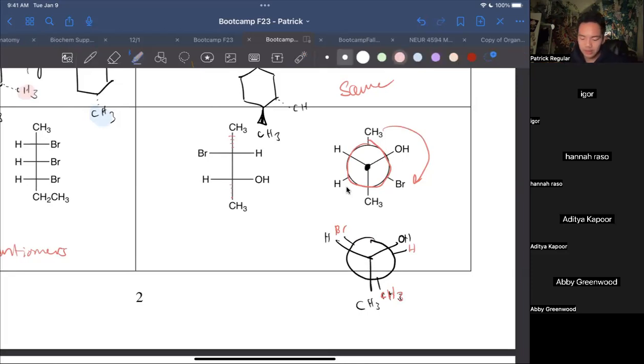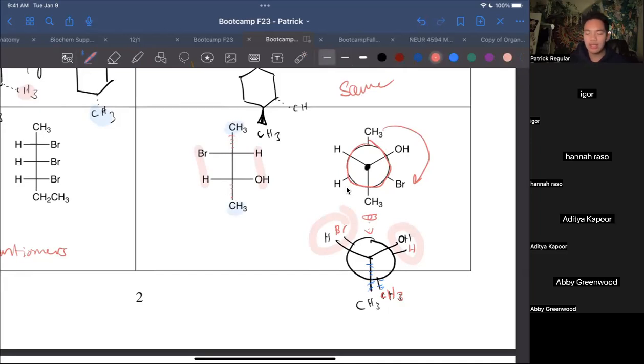Look, OH is eclipsed with H, Br is eclipsed with H. Same here. They're the same. Not only that, but the pieces that are facing away from you from that little perspective point are the same.